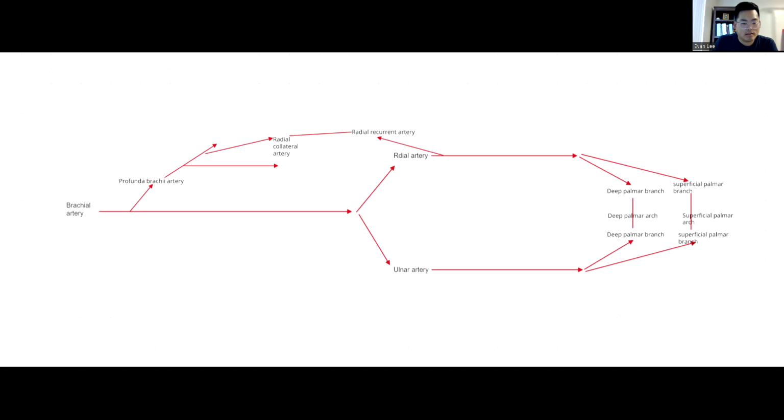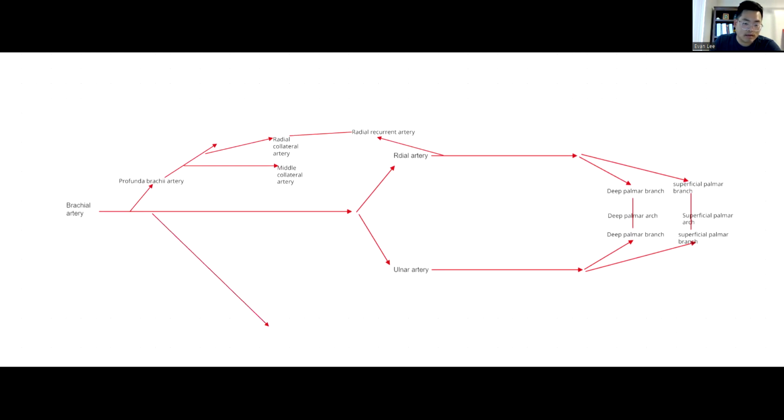But you also have one more artery over here called the middle collateral artery. And this is something that I want to talk about in just a minute because it's going to make this very confusing looking. But we have a couple more arteries coming off and connecting to the ulnar artery. So going off this way, let's see the best way to do this.